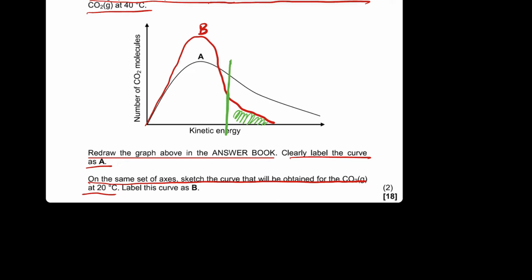It was here. Do you see? There were more particles with kinetic energy that is greater or equal to the activation energy, right? But now that the temperature has been decreased, you see there are less of them, right? So that's what you're supposed to show there.